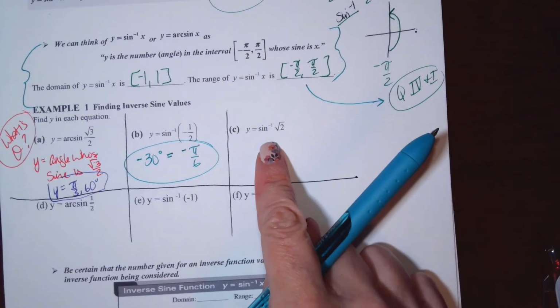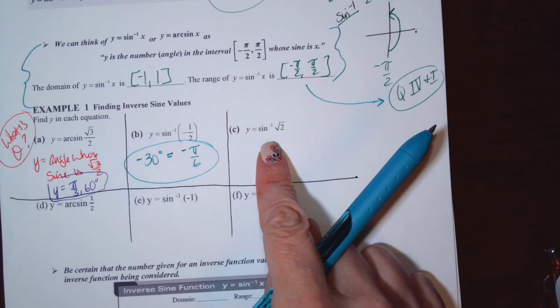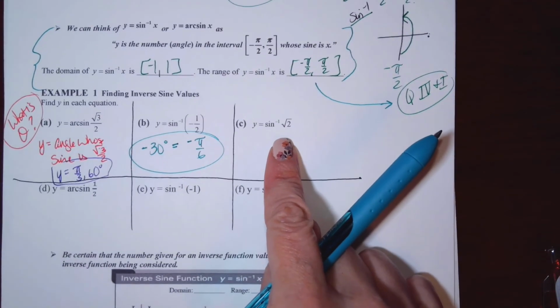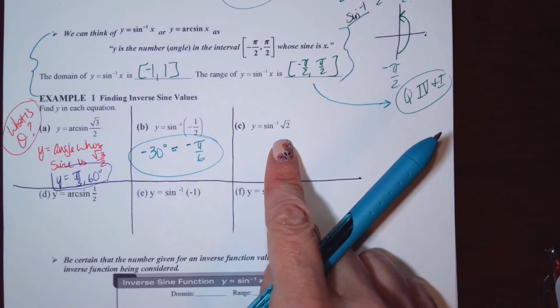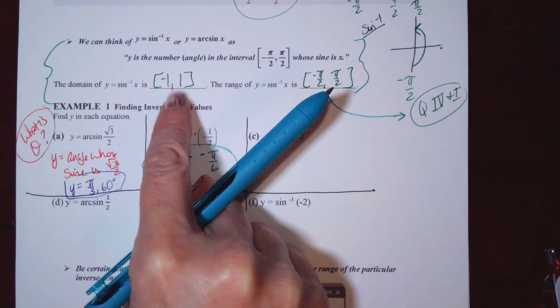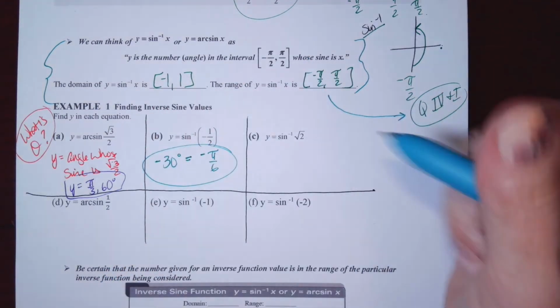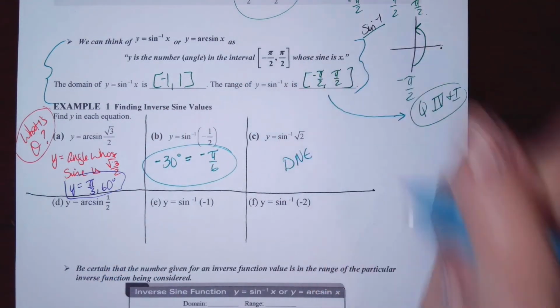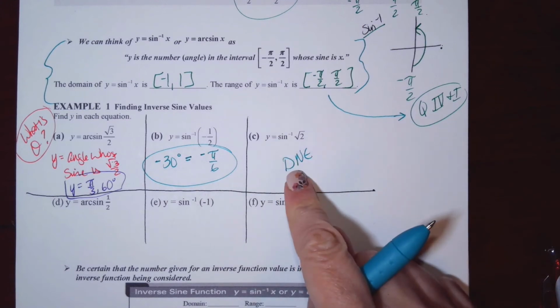All right, what if I have a sine inverse value that is square root 2? Well, square root 2 is more than 1, and that input for sine inverse has to be between negative 1 and 1. This is not an allowed sine function value. That does not exist.